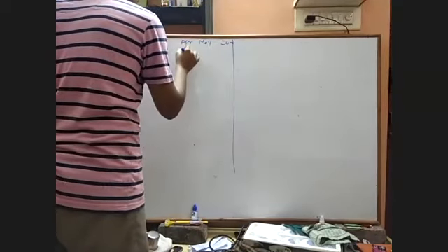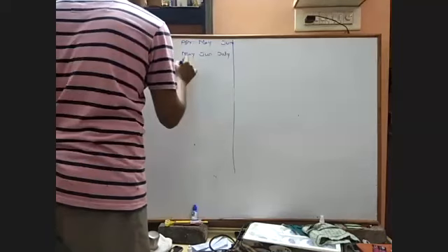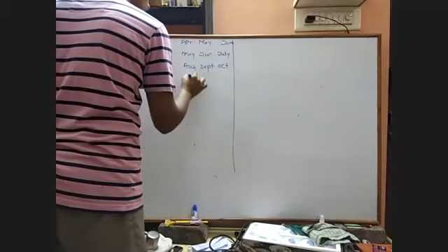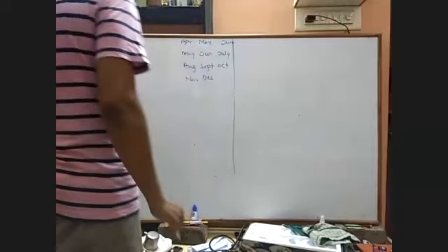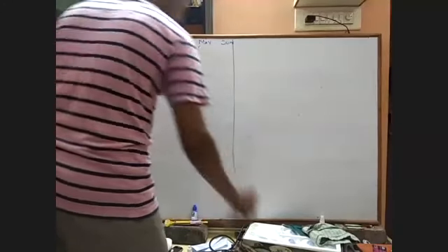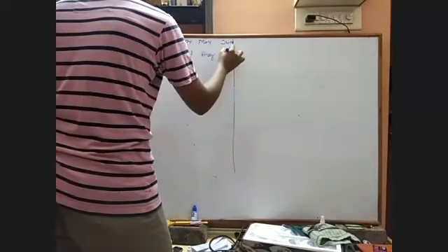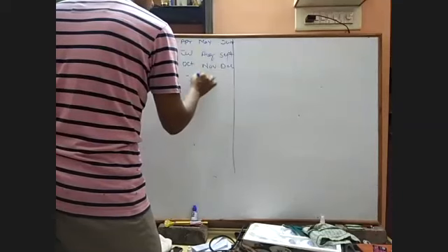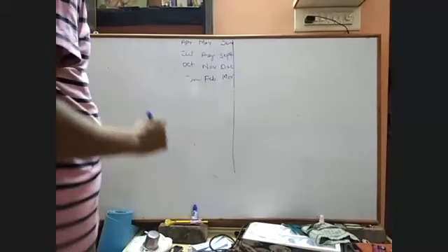Then next: July, August, September, October, November, December, January, February, March. Oh sorry, I went wrong here. Okay, so now this is called a quarter.